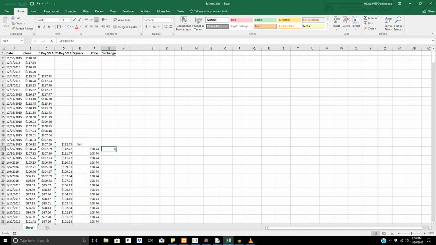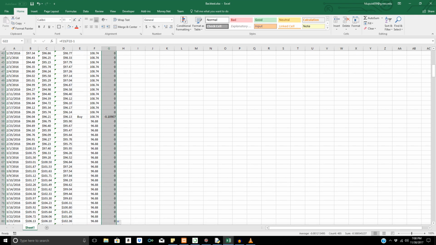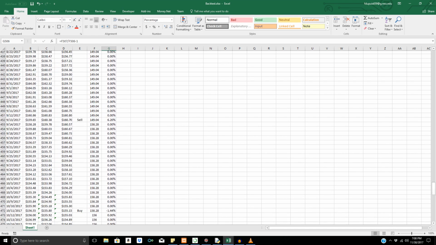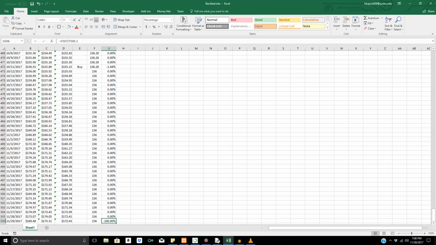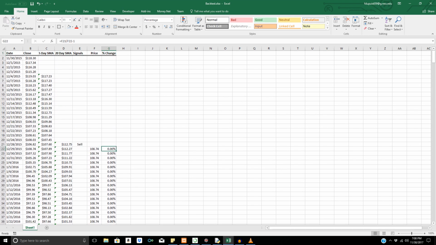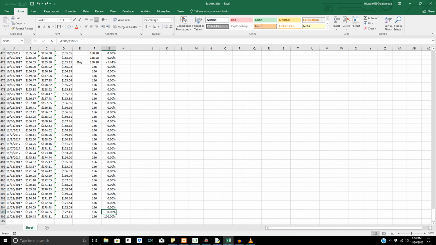So we have 0 there, obviously. We want to have this as a percentage. I don't want that as negative 100, but we can start from right here, or it doesn't really matter in this case. It would be 0 nonetheless because there's no signal.